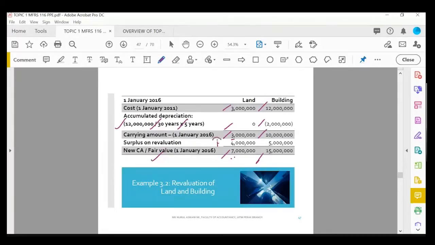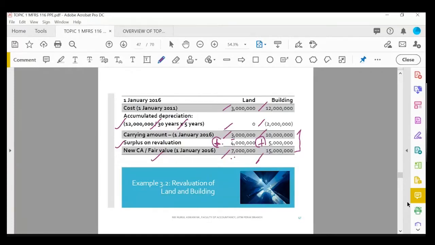Then barulah kita masukkan lah. So surplus. If it is negative, then it is a deficit. For building, the carrying amount is 10 million, compared with fair value 15 million. So we have to add 5 million of revaluation surplus. So bila kena tambah, ini adalah surplus. Kalau tolak, then deficit. So surplus on revaluation is 4 million for land and 5 million for building.